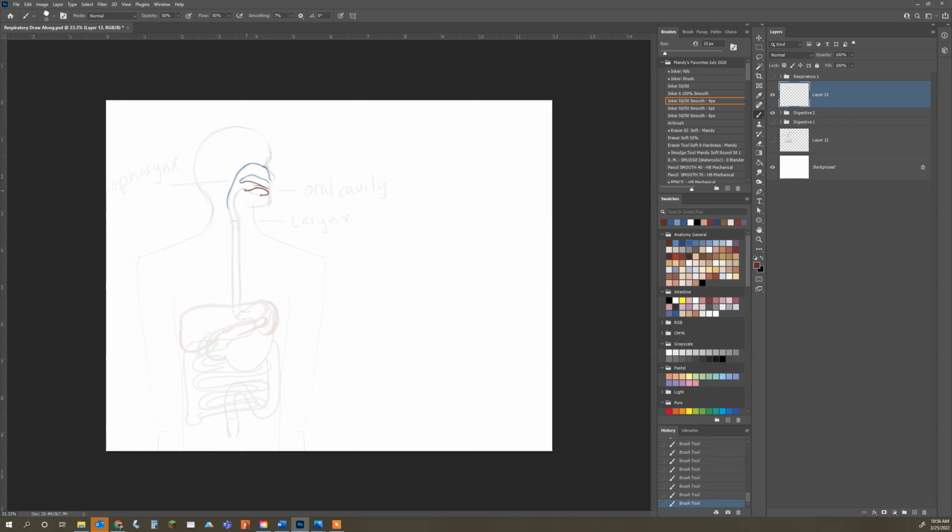Alright, so the tongue. Coming down into here, we'll label these again. Nasopharynx. And in the mouth area, the oropharynx. Below that, we come down into this area.